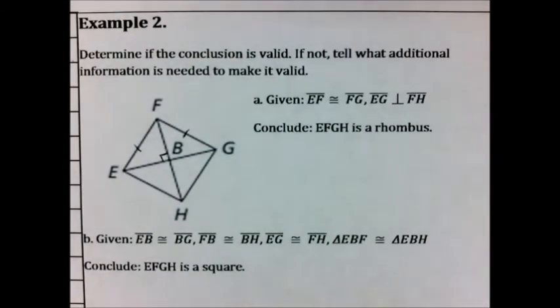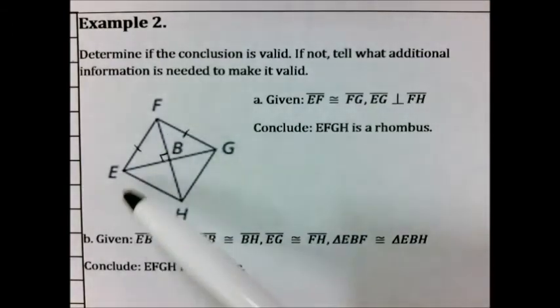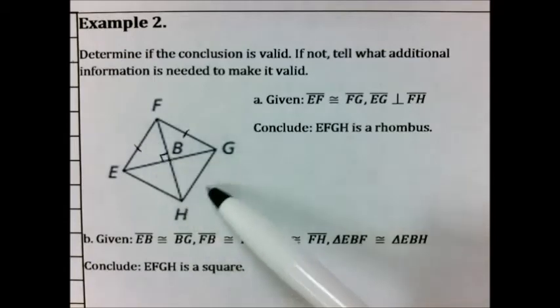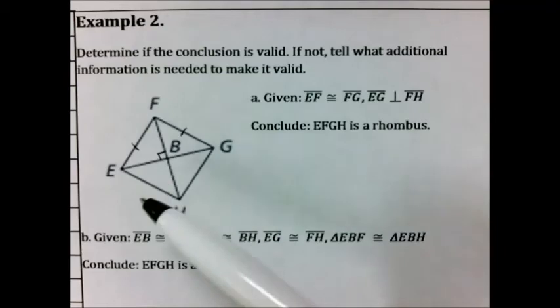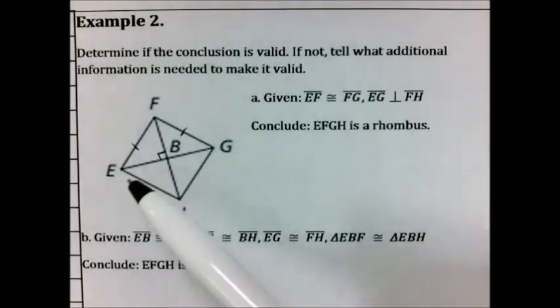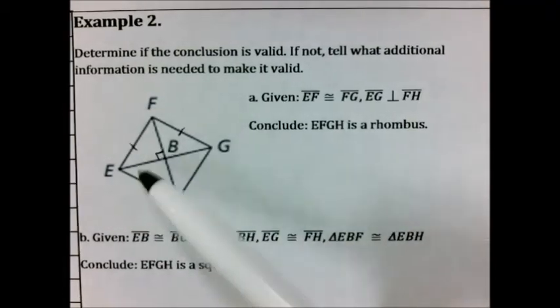The first thing we need to do is ask: do we have enough information to even consider this a parallelogram? That's the very first place we need to start. A parallelogram needs two pairs of opposite sides congruent, and we don't know that. It needs opposite angles congruent, and we don't know that.